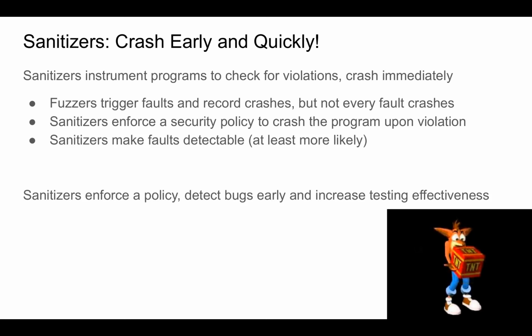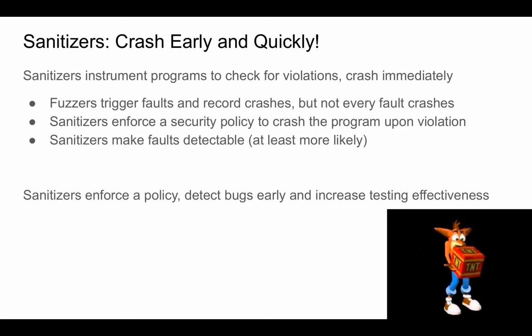So the sanitizer will print out the report about the bug on the screen, and then trigger a crash of the program. This gives the fuzzer the signal that, hey, something bad has happened. And it will not exit 0, but it will exit with an actual fault, signaling that something has gone wrong. The fuzzer then triggers the fault and records these crashes, but not every fault crashes.